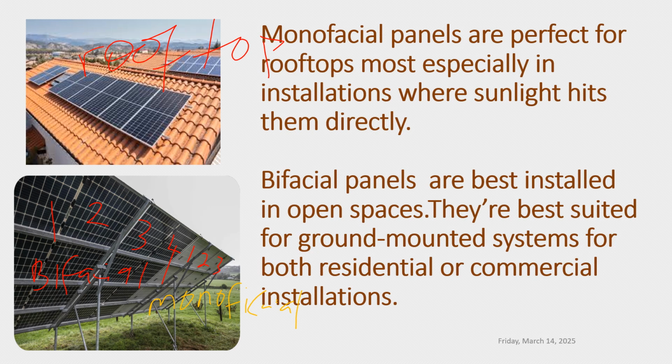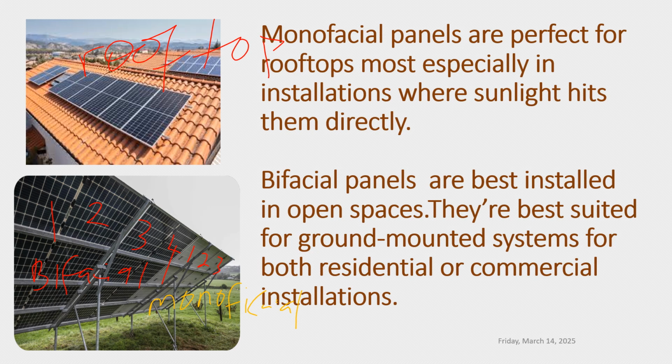Bifacial panels are best installed in open spaces. They are best suited for ground mounted systems. The second picture is the ground mounted system, which I just use as a carport. It's a ground mounted system for both residential and commercial installation.